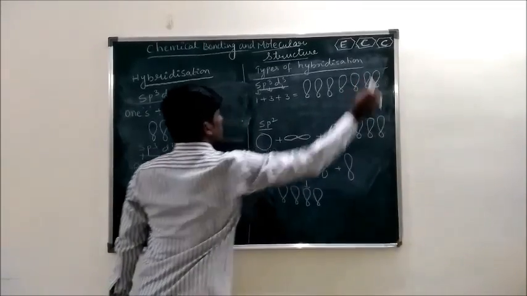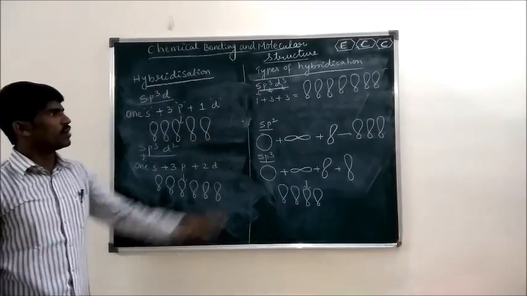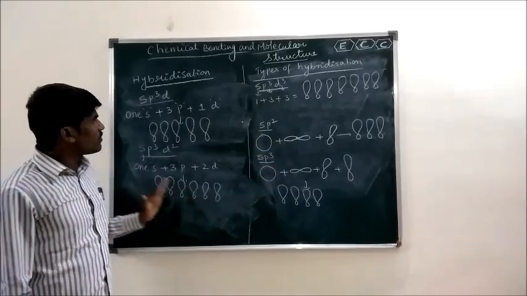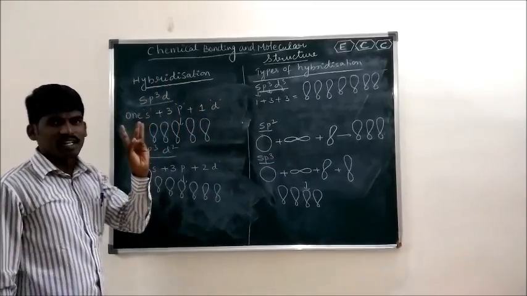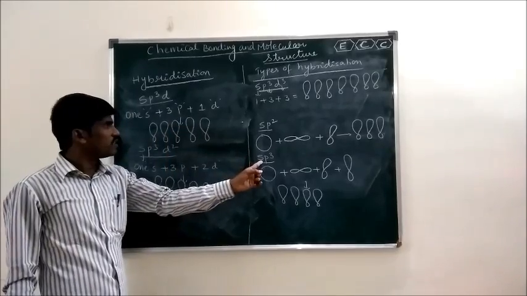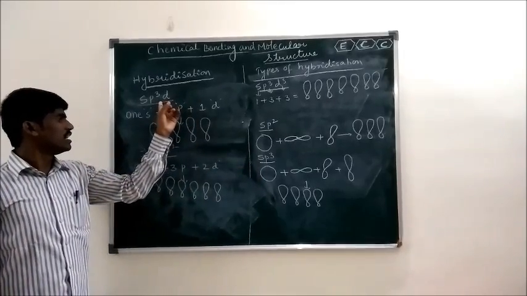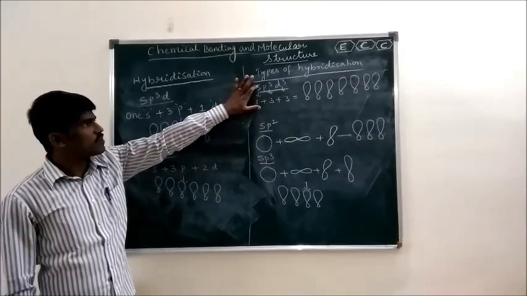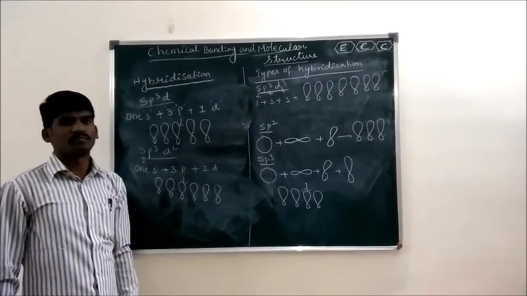All these are the different types of hybridization: sp, sp2, sp3, sp3d, sp3d2, and the last one sp3d3 hybridization.